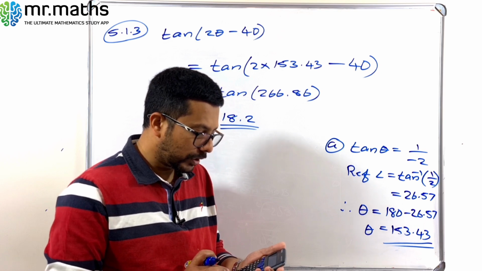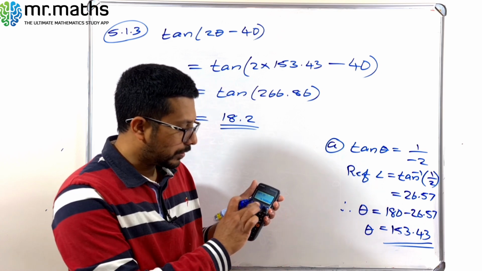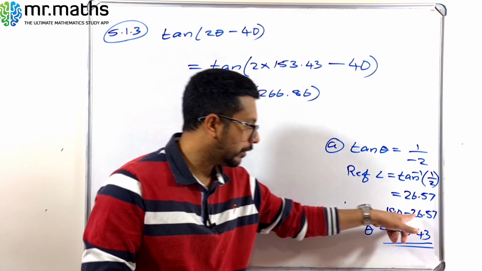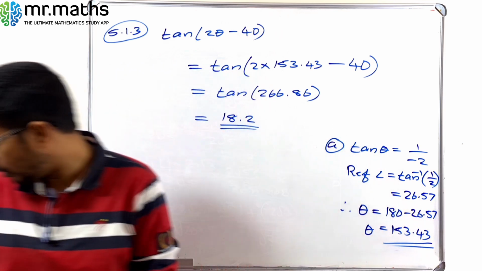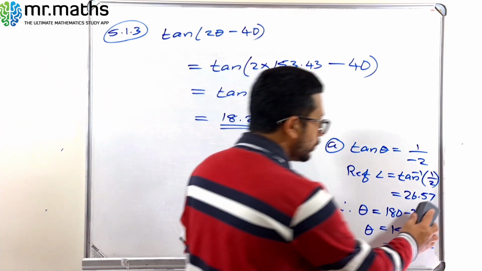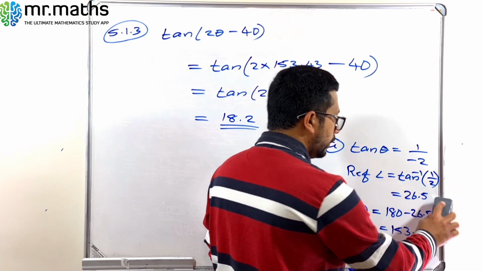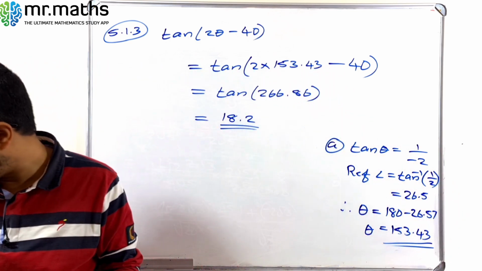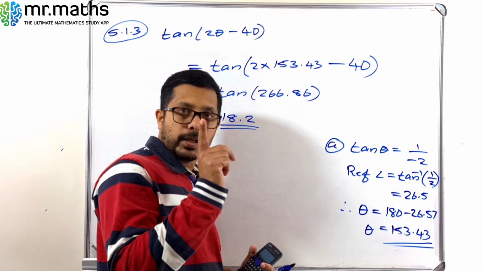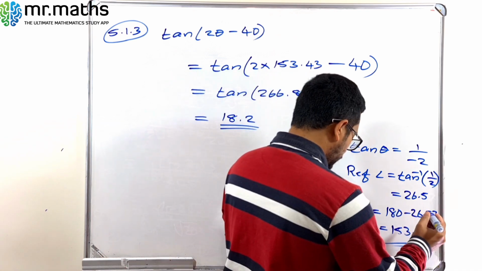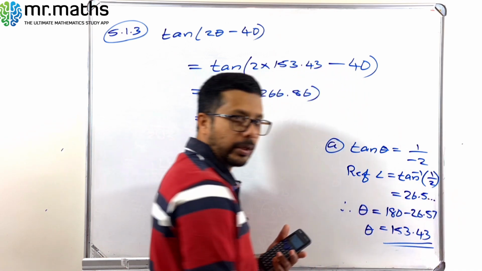That is 26.5650, I just rounded it off here. So don't round it off, you have to write the full number there. Maybe they want the answer in one decimal place, but you have to write the full number.